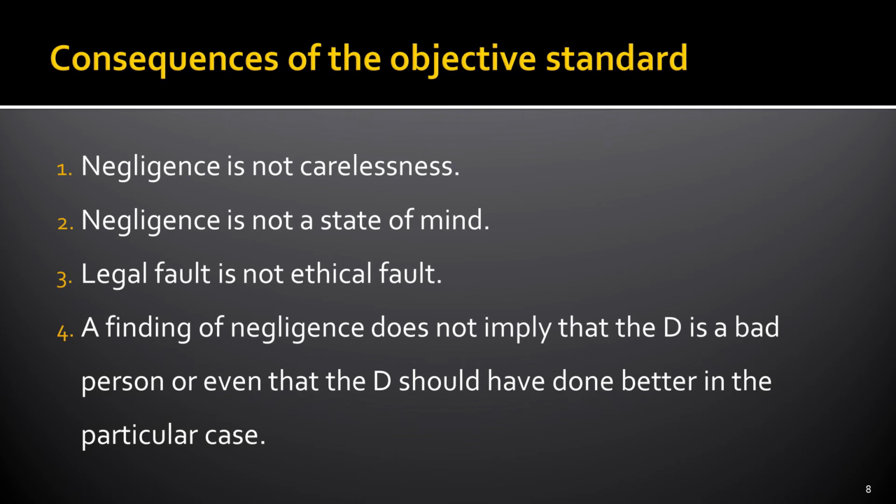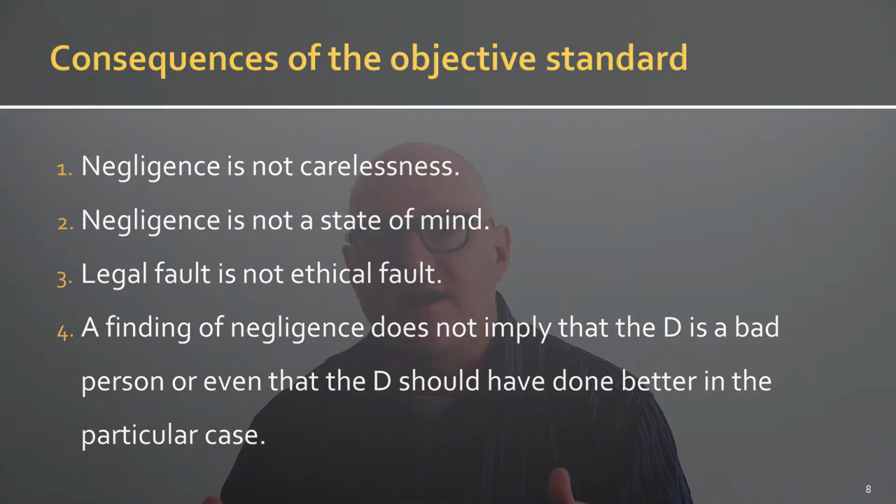And the final point here is that a finding of negligence does not imply that the defendant is a bad person, or even that the defendant should have done better in the particular case. If you believe the defendant's story in Vaughan and Menlove, there's nothing more that person could have done. But nevertheless, he's found liable. So we can say the defendant is negligent without saying that person was a bad person, without saying that person was careless, without saying that person should have done better, because we're not making a judgment about that person at all.